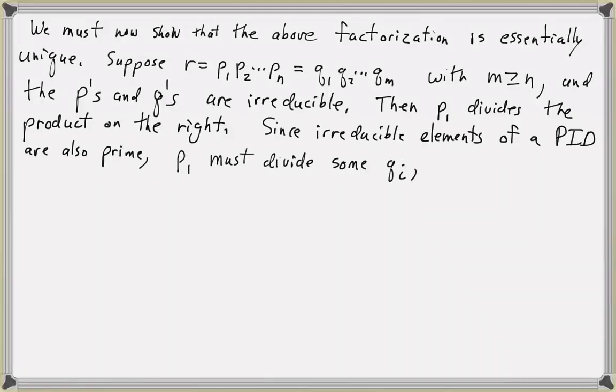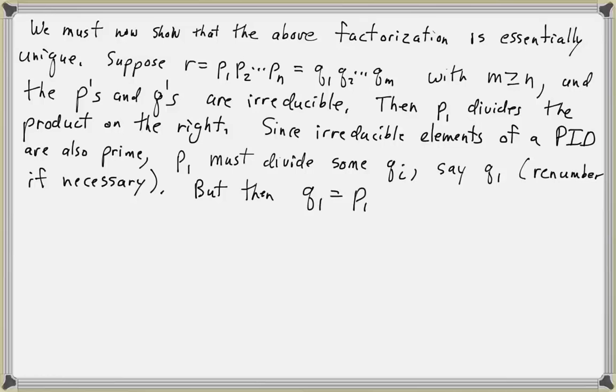Now we could just renumber the factors, and since it's commutative, we could reorder them so that the factor that p1 divides is actually, we could just call that q1. So say p1 divides q1, and we could just renumber if necessary so that p1 divides q1. But now p1 and q1 are both irreducibles, so the only way that p1 could divide q1 is if q1 equals p1 times some unit.